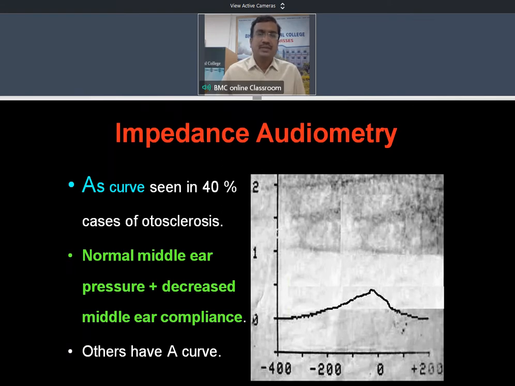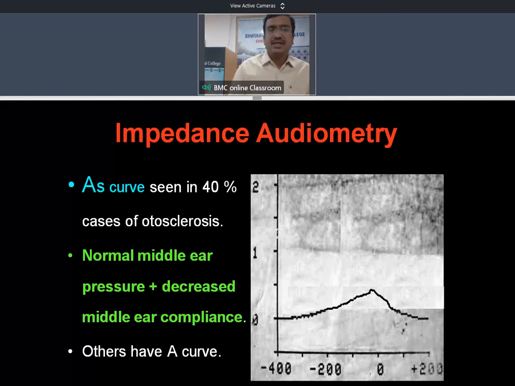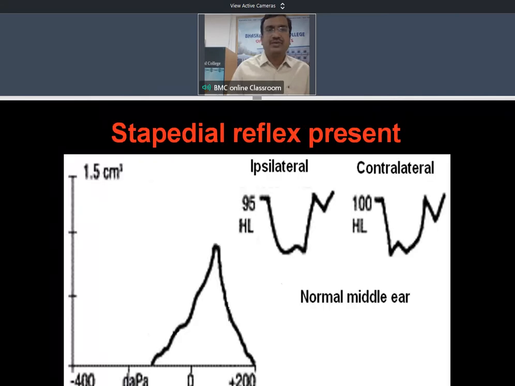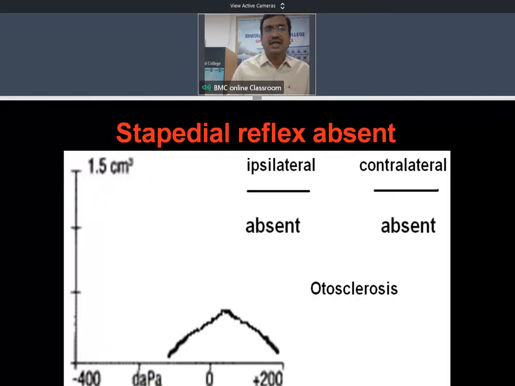So normal middle ear pressure and decreased middle ear compliance. The pressure in the middle ear is normal in otosclerosis, but compliance or mobility of the tympanic membrane is decreased because of the fixation of the footplate into the oval window. And stapedial reflex is absent in otosclerosis. In normal people it is present if we give a stimulus that is 70 to 100 decibels above the threshold of the patient.